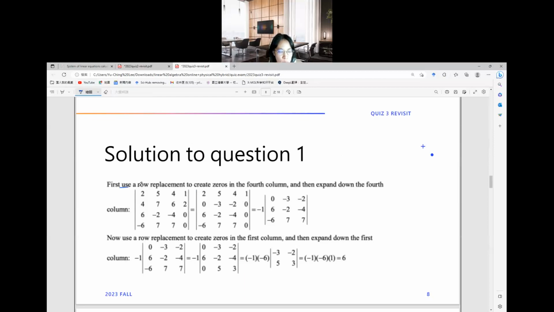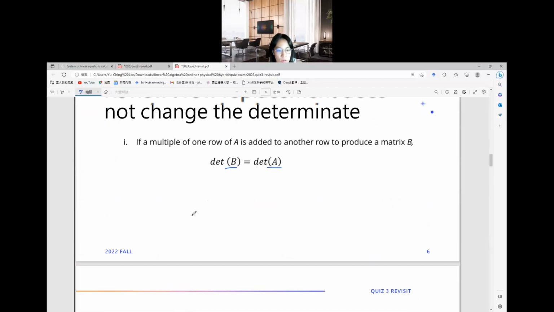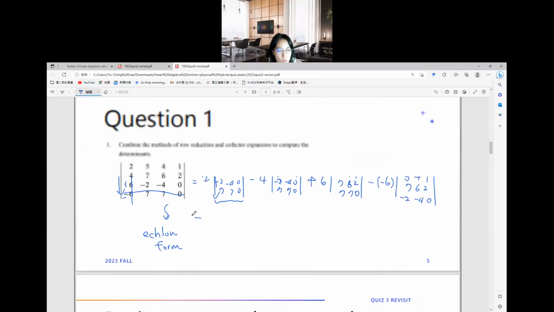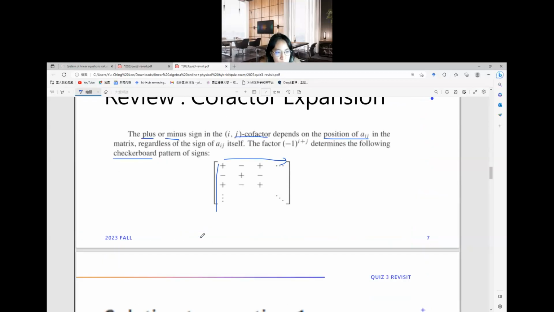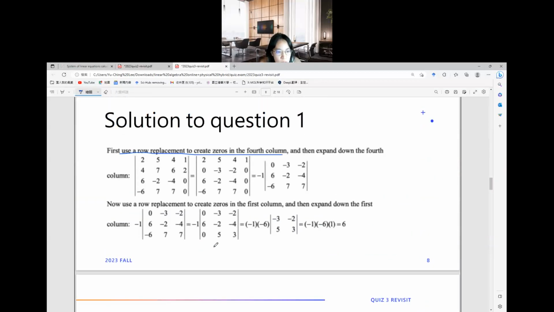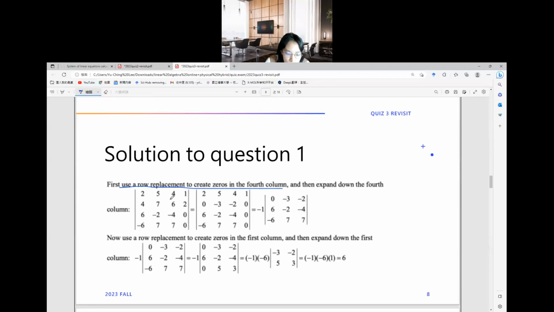We use a row replacement to create zeros in the fourth column. Okay, how is that possible? In the original problem, there are already 2 zeros in the fourth column. So the trick here is that I only do one row replacement.